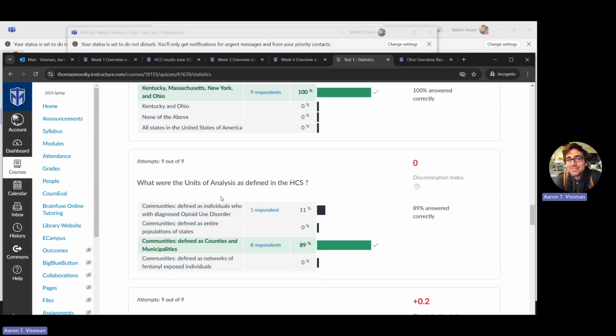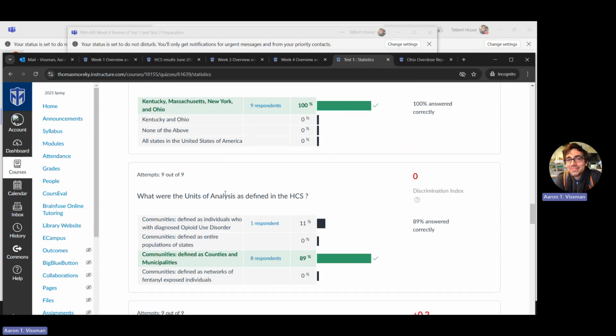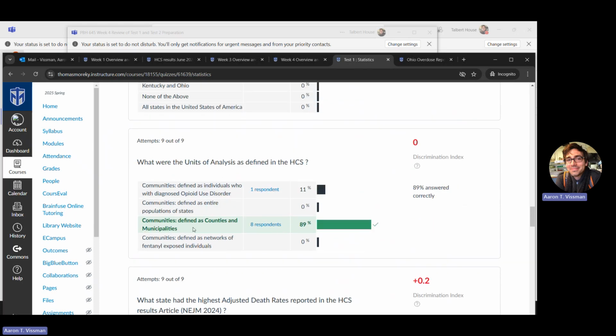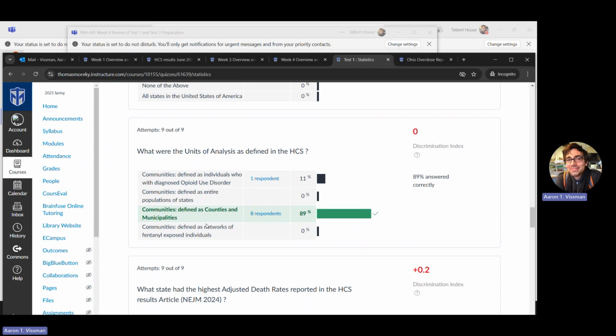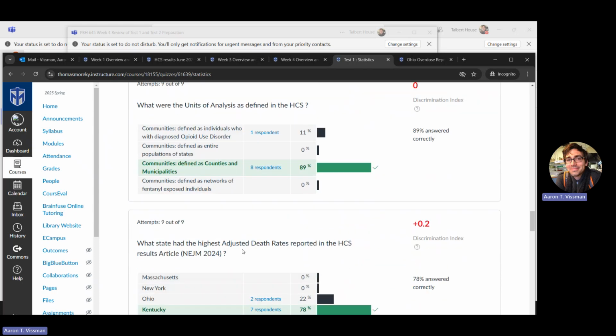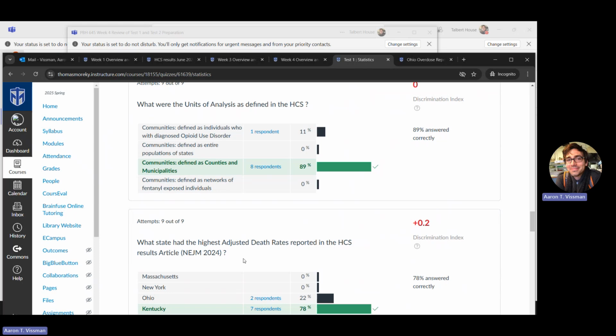Simple fact about which states were included. And most of you understood that the unit of analysis was counties and municipalities, meaning that the targeted effect was at the quote unquote county or city or municipal level.